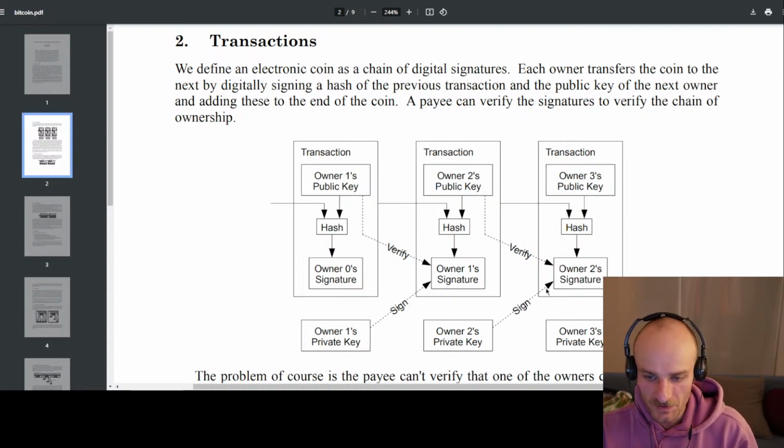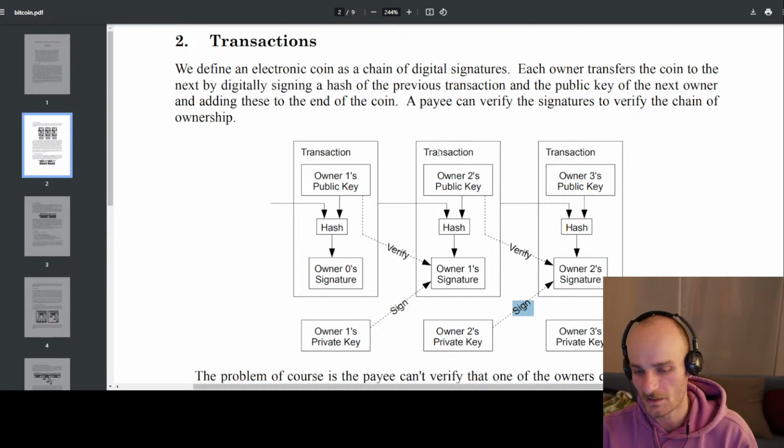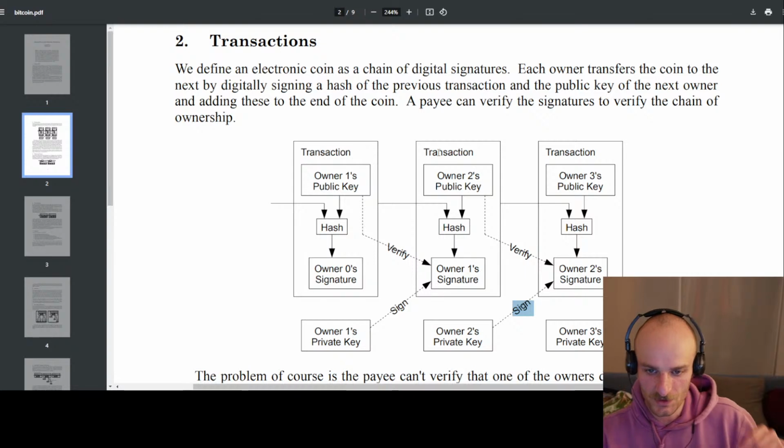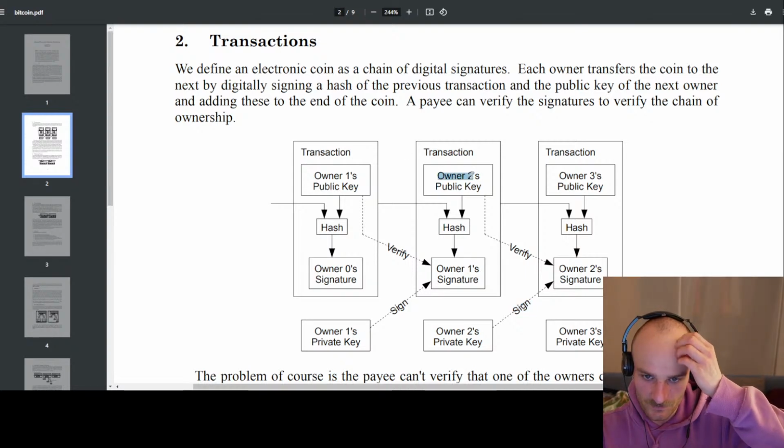Okay, an important thing is that until owner 2 creates a transaction which can be verified by owner 3, nobody knows to whom this money pertains, unless they construct in some way a history of a token that is owned by owner 2.